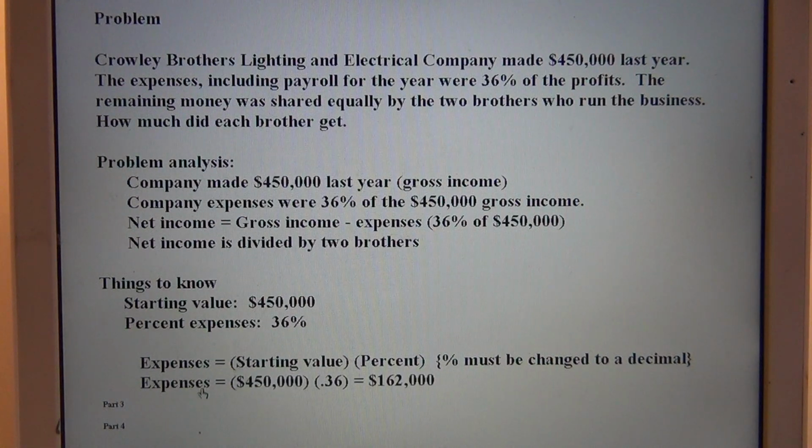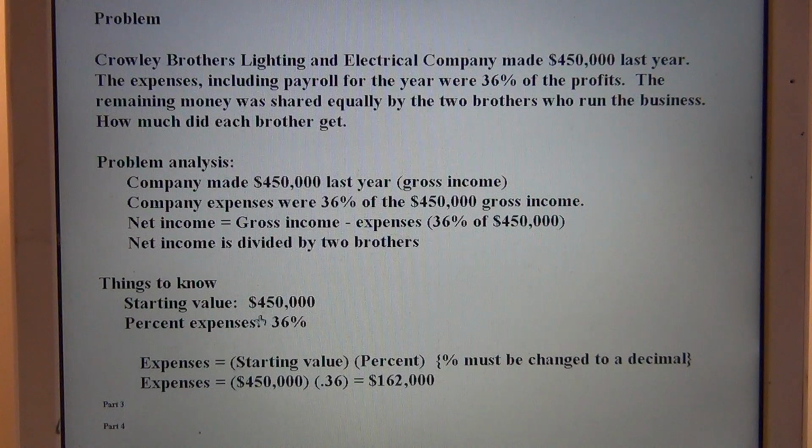Well, expenses equals, we know the starting value is $450,000 times 36%, but 36% is changed into decimal form, which is 36 hundredths or 0.36. And if we multiply that, we get $162,000. So that's their expenses, 162.